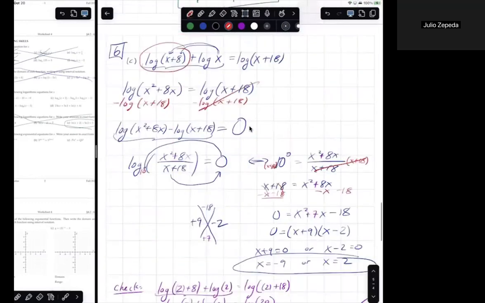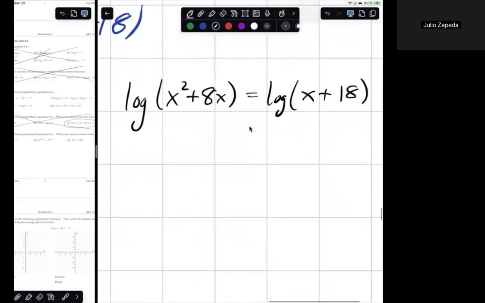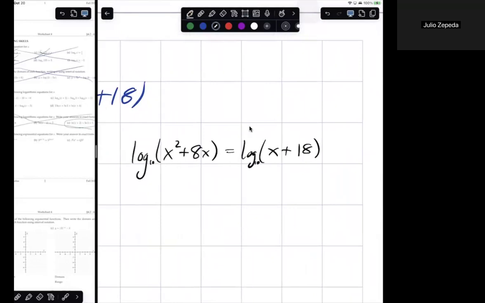Well, there's a similar rule for logs. If we have two logs equal to each other, which I'll write down again, log of x squared plus 8x equals log of x plus 18, and those logs both have the same base, but it's just a log equal to a log and no other terms, then we can get rid of these logarithms and we just get x squared plus 8x equals x plus 18.